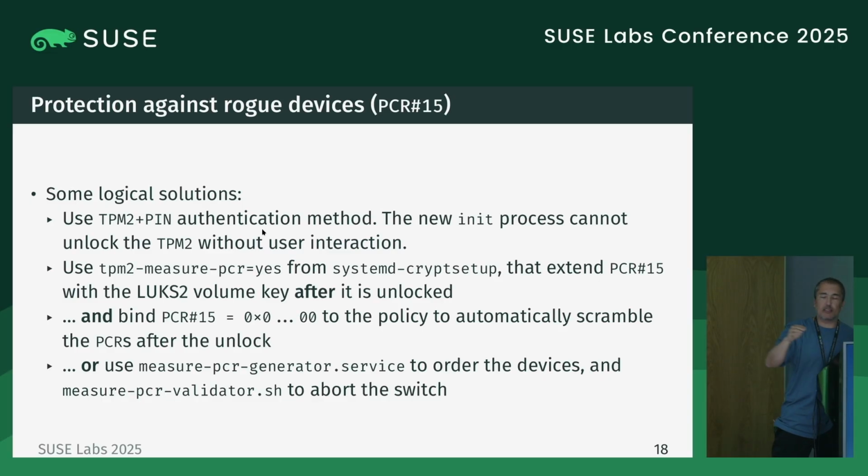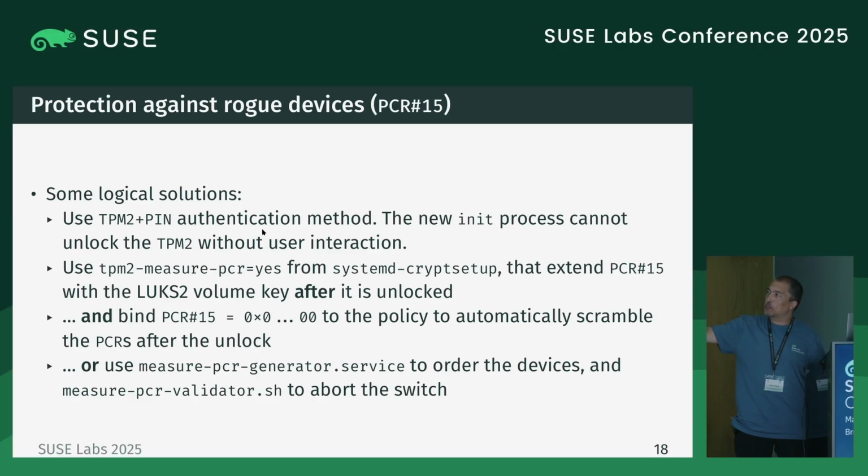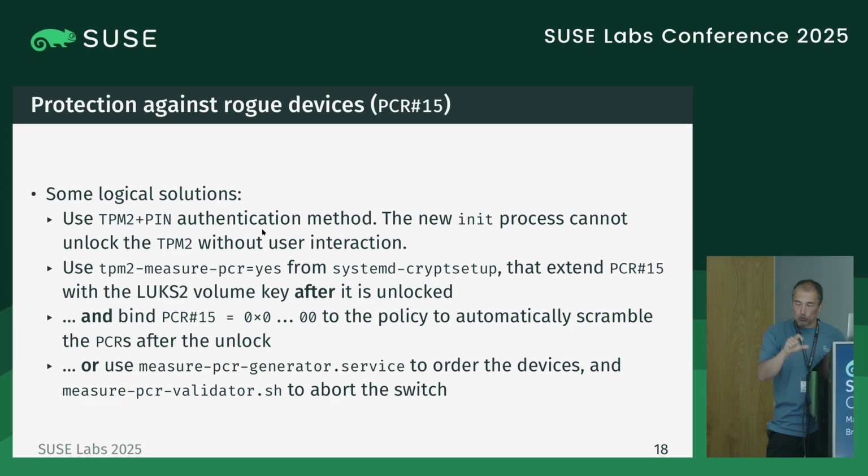This is very nice because you can create a policy bound over PCR 15, expecting the value 0, that is going to scramble the policy the moment that the switch root happens. That means that the attacker now has a state of PCRs that is not in compliance with the policy and cannot open the secret.